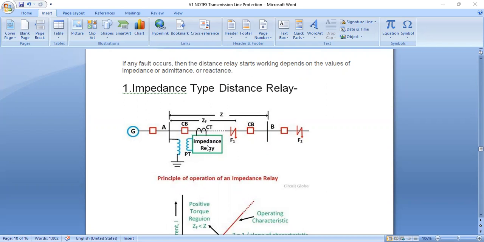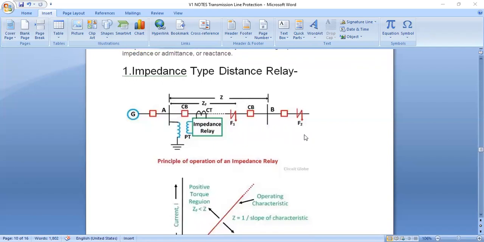It is a voltage controlled equipment. The relay measures the impedance of the faulty point.